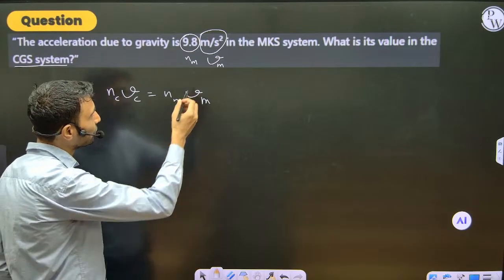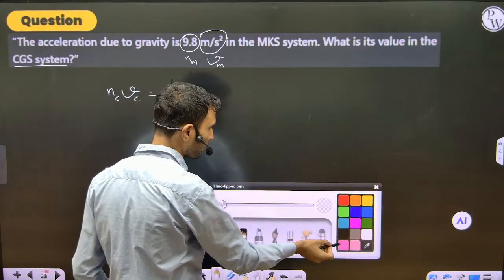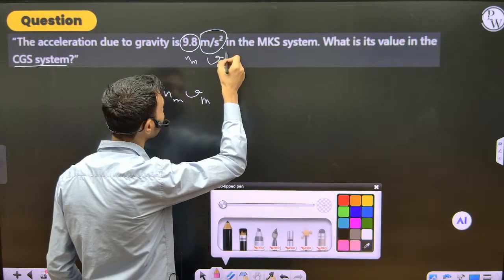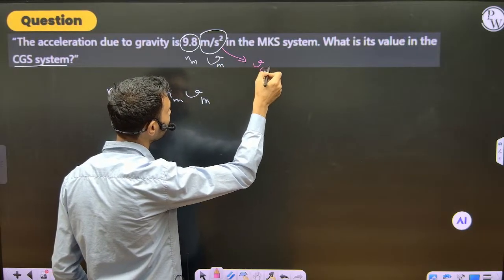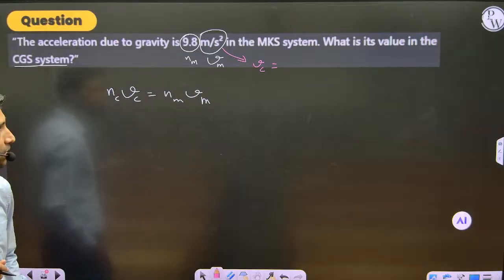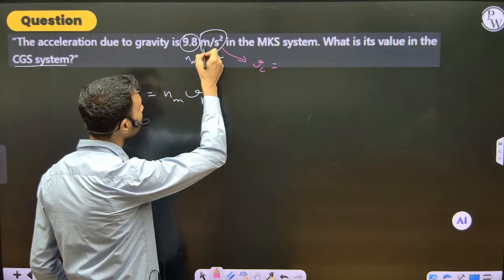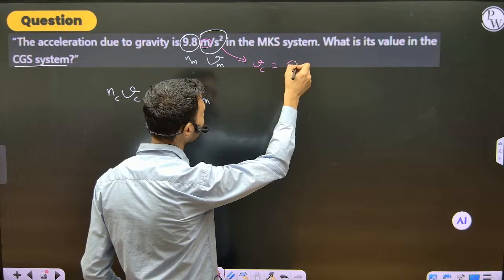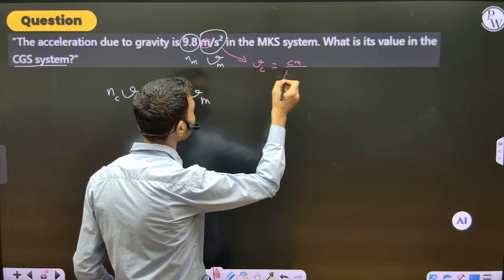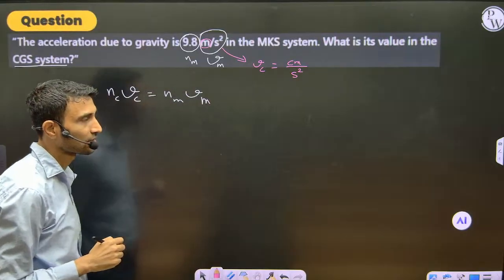Now looking at the units in the MKS system, meter per second square, can you guys find out what will be the unit in the CGS system? So CGS means centimeter, gram and second, right? That means our meter is going to be replaced with centimeter, and second square is going to be replaced with second square as it is, right?